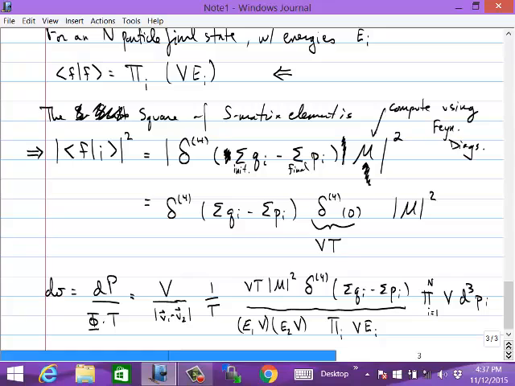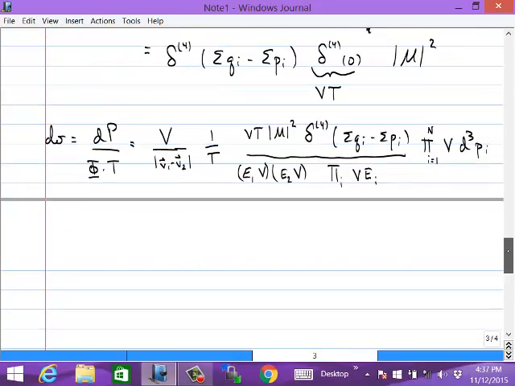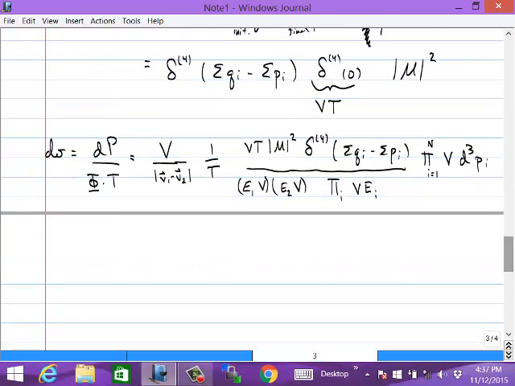Good. So let's see if I did this correctly. If I did this correctly, our answer shouldn't depend on the values of V and T. I should be able to take V and T to infinity without running into any problems. In the numerator, I have n factors of V here that cancel n factors of V here.